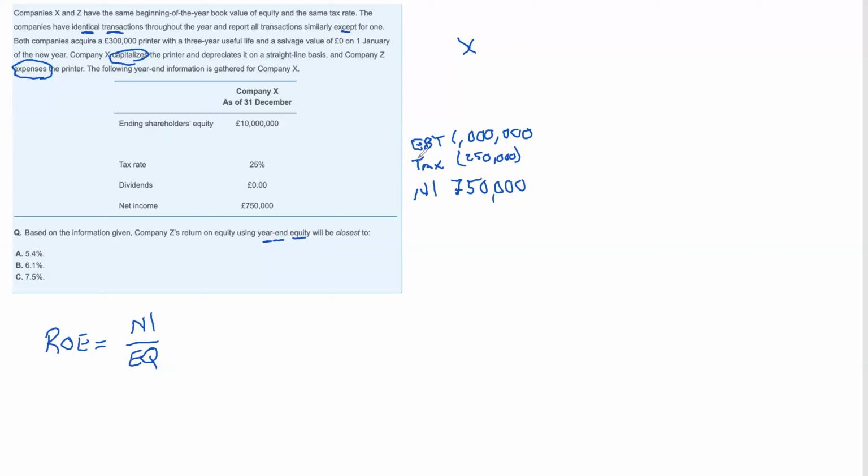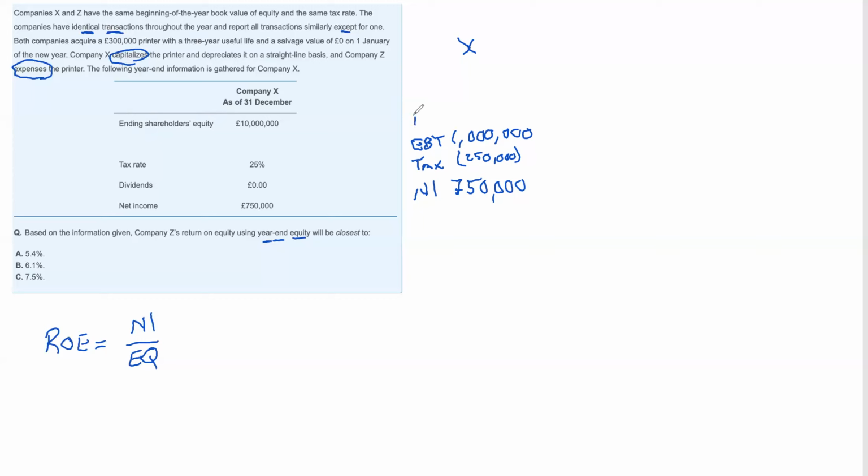I'm starting to work my way up the income statement. Now, before earnings before tax, what do we have? I'm going to try to work my way up a little bit further. Normally we'd have operating expenses. The only one that's given in this question is depreciation.